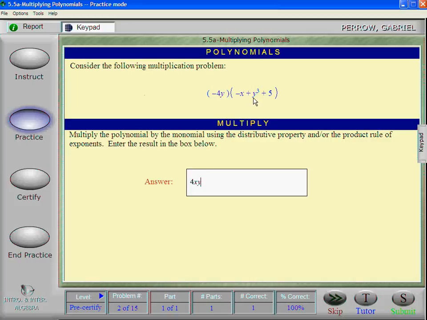Remember what you do with the powers. You're going to add the powers. Also preserve the sign. Negative times positive is a negative. So we've got negative 4y to the 4. And then the final distribution, negative 4y times 5. Negative times a positive is a negative. 4 times 5 is 20, and we've got a y. So that should be correct.